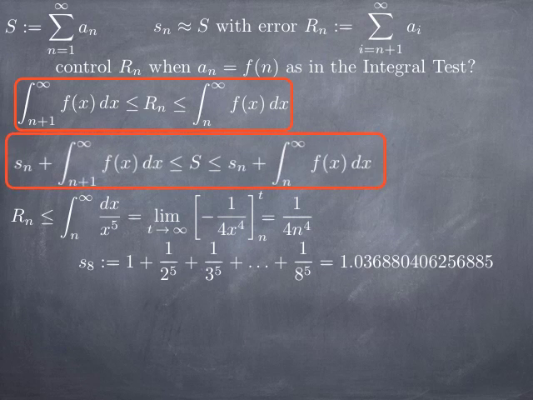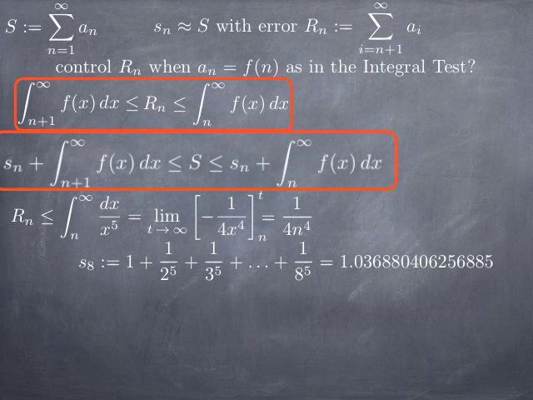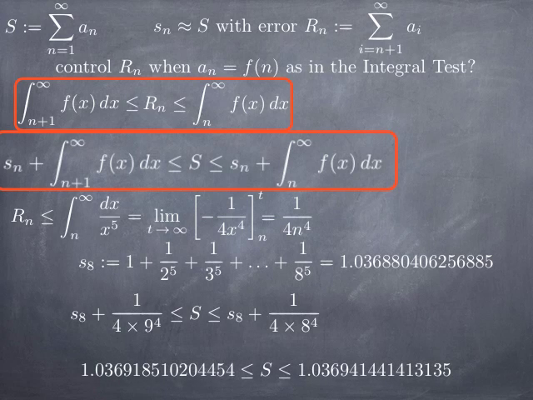We plug things in, and this is what we obtain for the approximate values. And you see that in fact we have 4 exact decimal places, because we have the same first 4 decimals on both sides, and therefore they are necessarily exact, because S is between these two numbers.